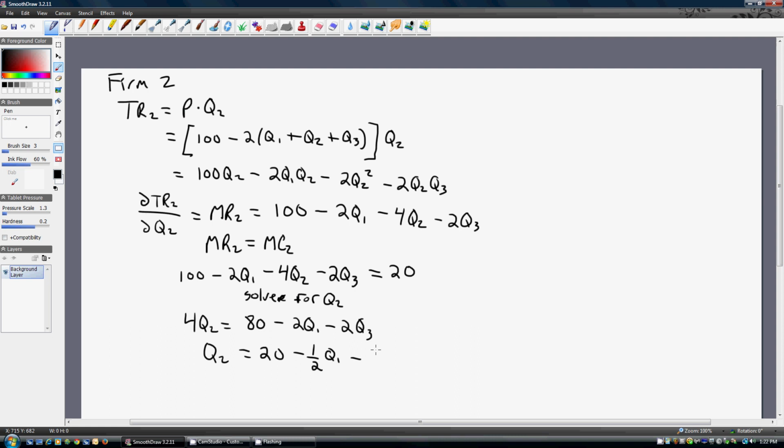And you'll notice that this looks like the mirror image of firm 1's reaction function. Given that the firms have the same marginal cost structure, it should look like a mirror image. So that is firm 2's reaction function.